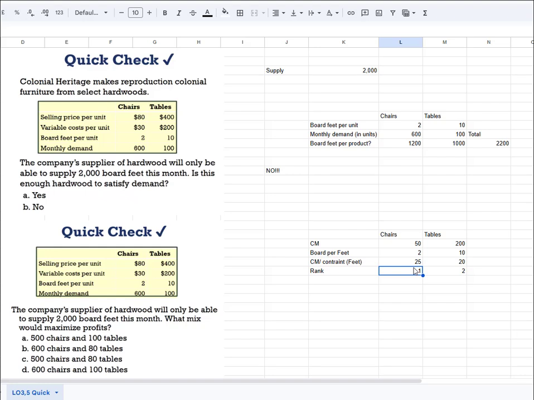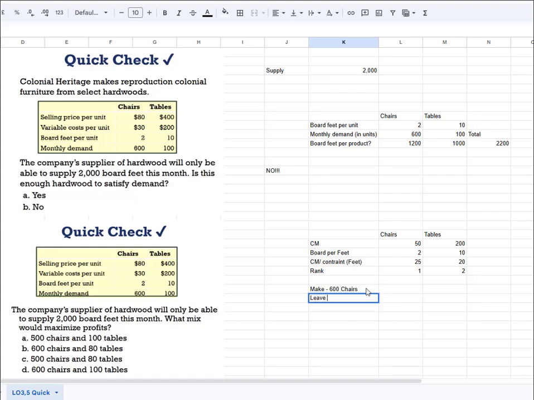Okay, so making all of the chairs, and then when we exhaust the demand for chairs, going on to our tables. So we have 2,000 feet. This requires 1,200. So we are going to make 600 chairs.